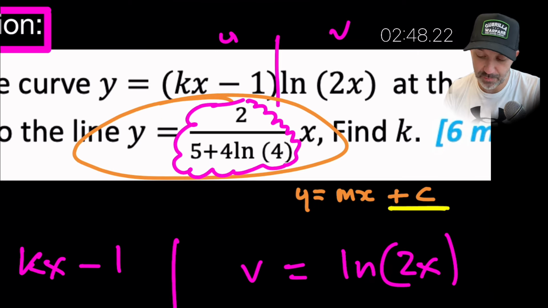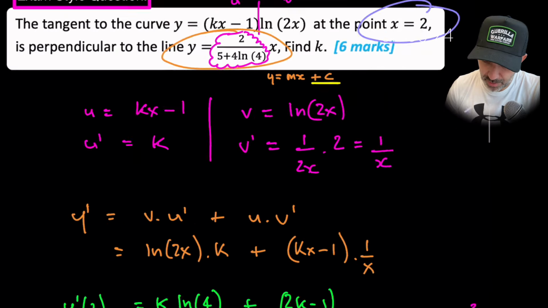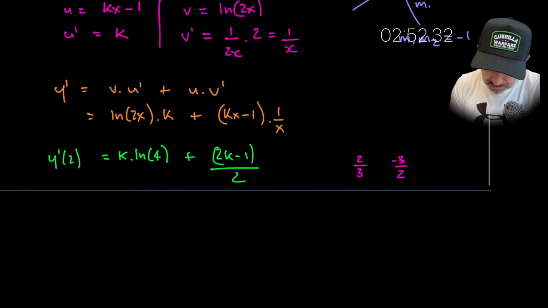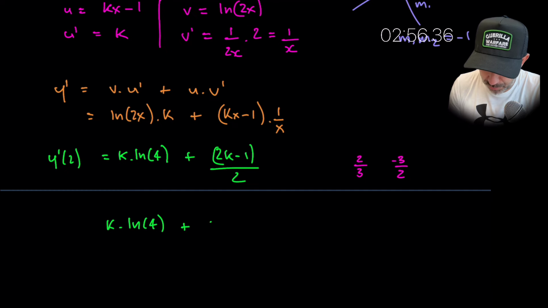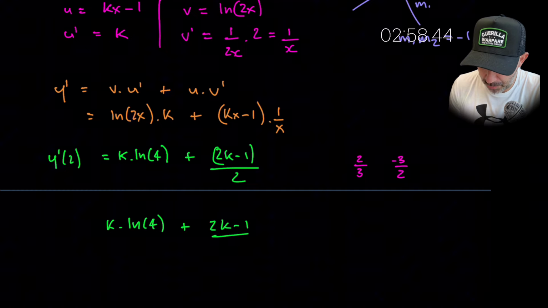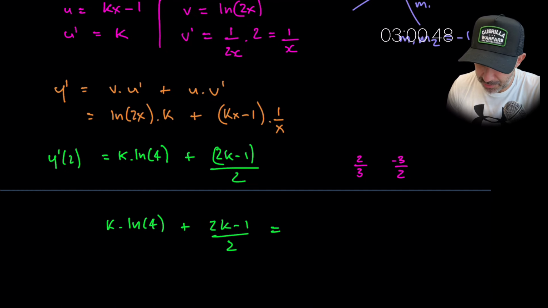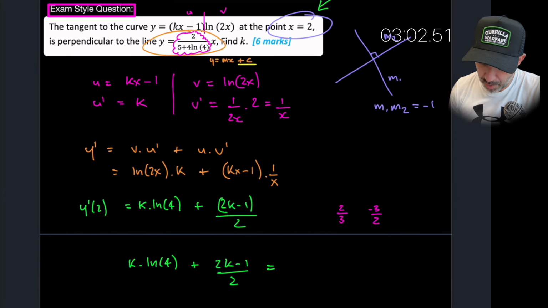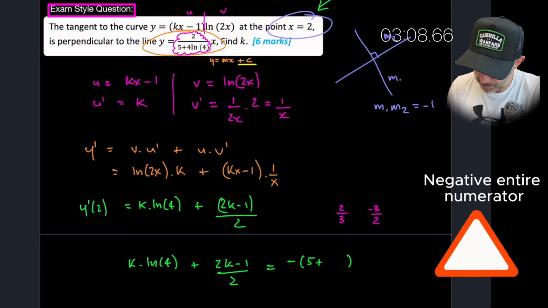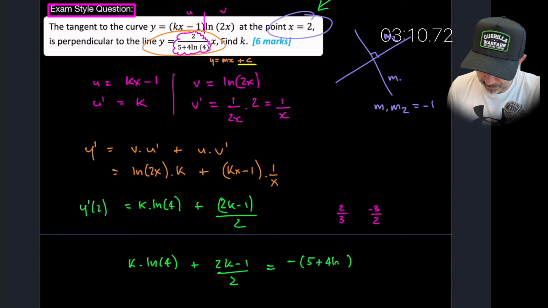So it's the negative reciprocal of that gradient. Therefore then, this line, k natural log 4 plus 2k minus 1 over 2, my gradient is equal to the negative reciprocal of the line that they gave us. So it'll be minus, now it'll be minus everything, so be careful here, 5 plus 4 natural log 4 over 2.